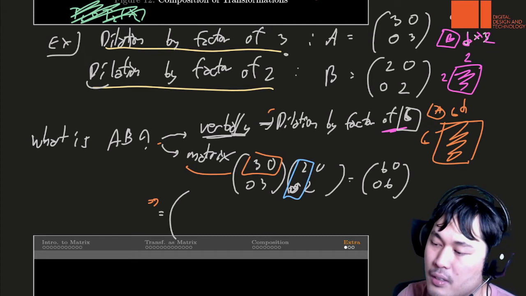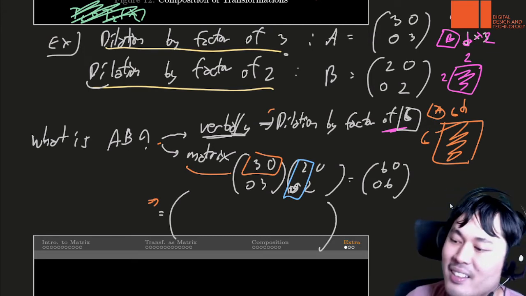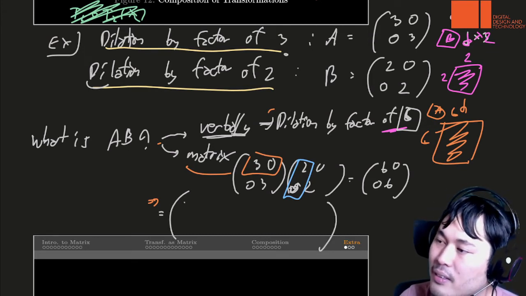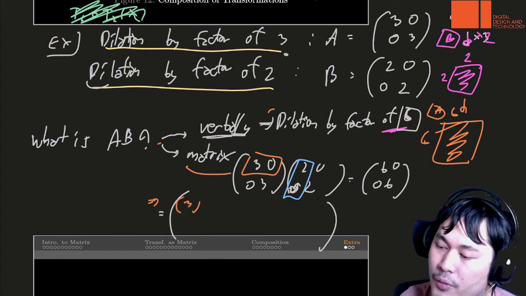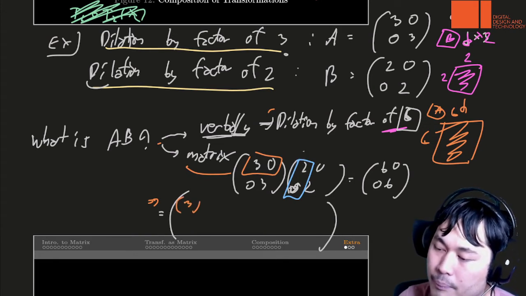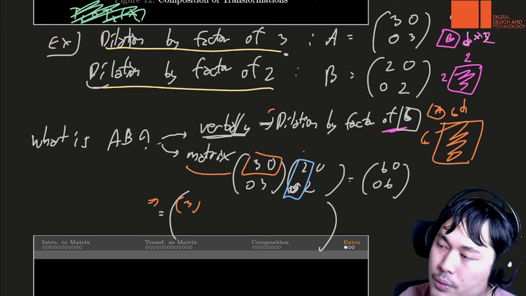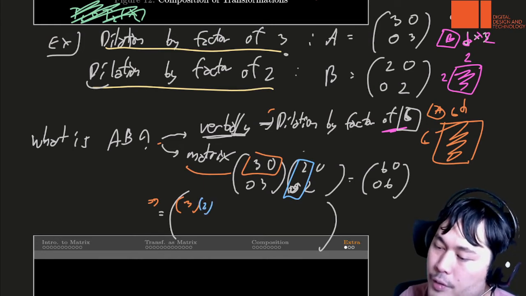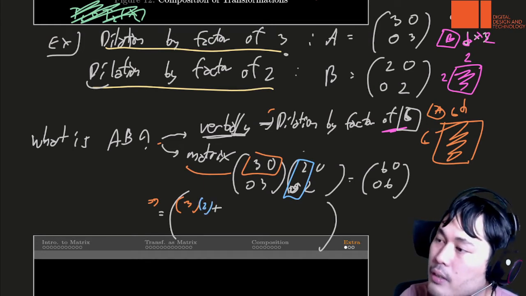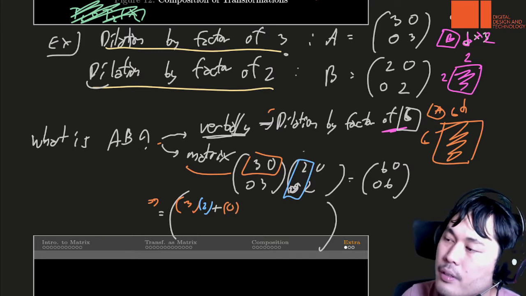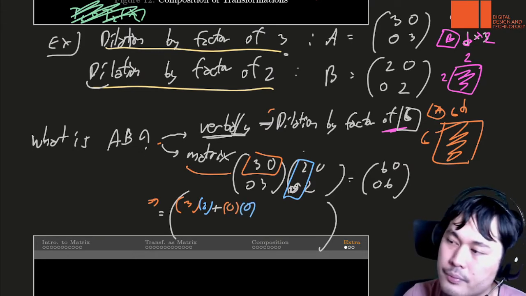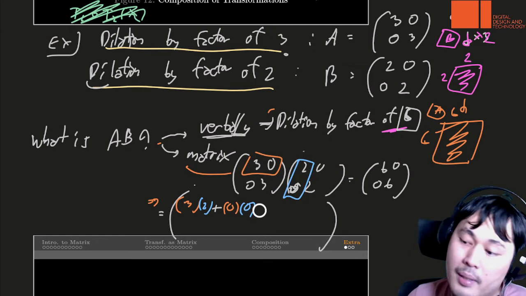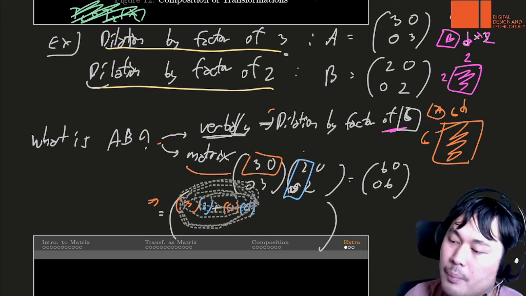In this case, if you do it manually, you would have to multiply this orange row by the blue column. So it's 3 times 2 in the first entry, and then it is 0 times 0. So if you compare to the formula, this is the first entry, the top left one.